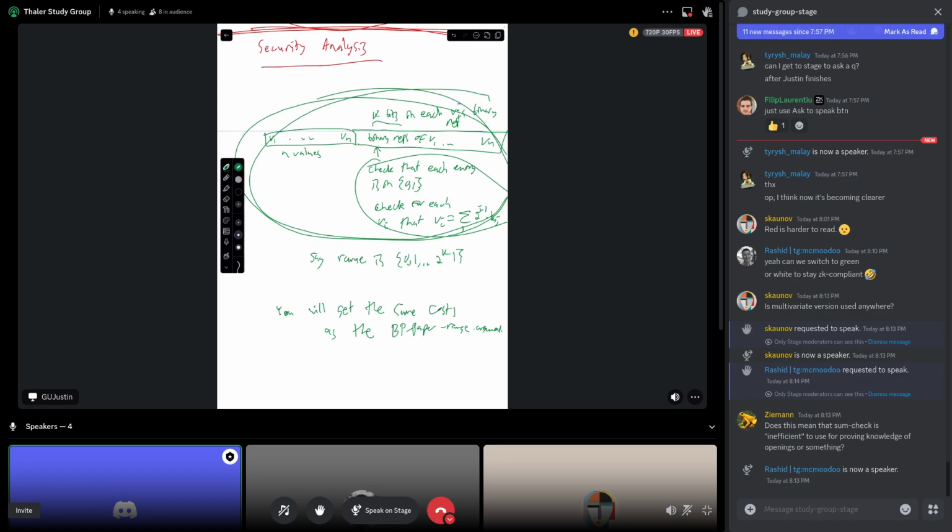That option for range arguments is not evident in the Bulletproofs paper. But that option would give you the same costs, up to constant factors, as the range argument in the Bulletproofs paper.